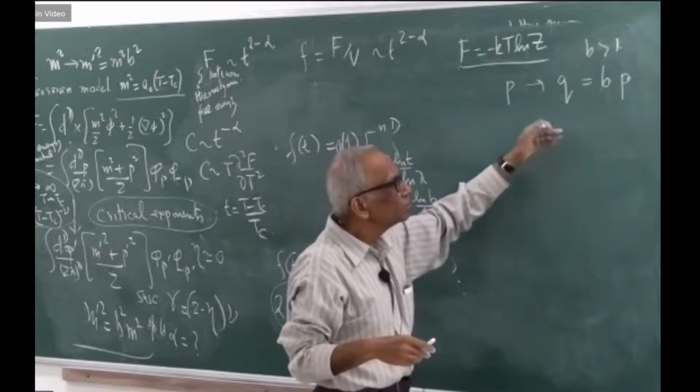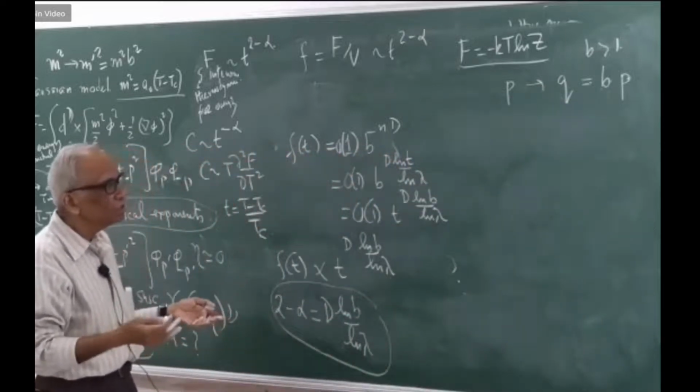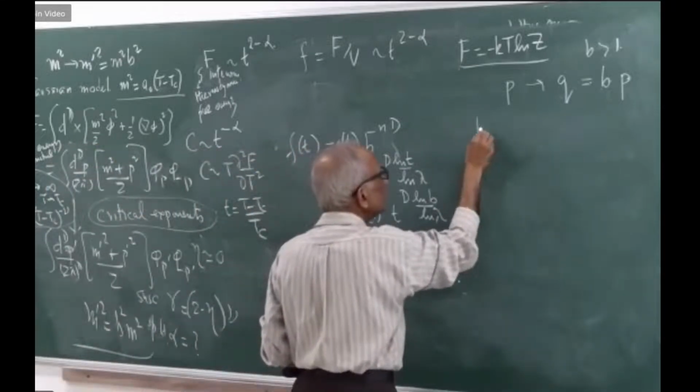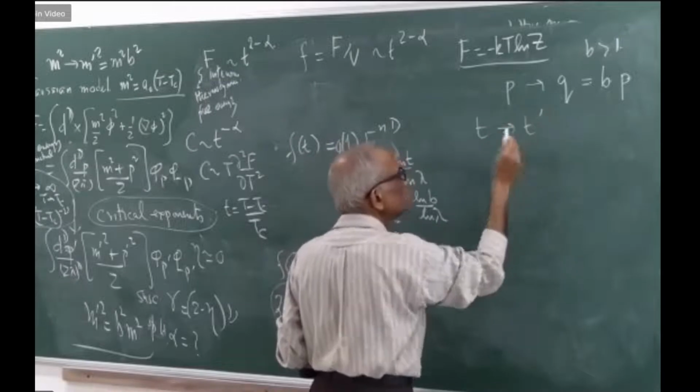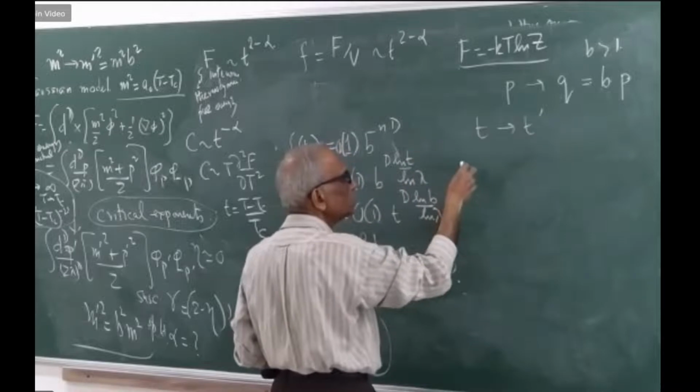So b, which is greater than 1, means that if I go from t to t prime, the t prime is further away from criticality.